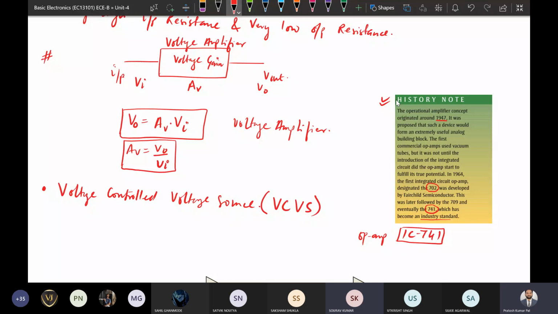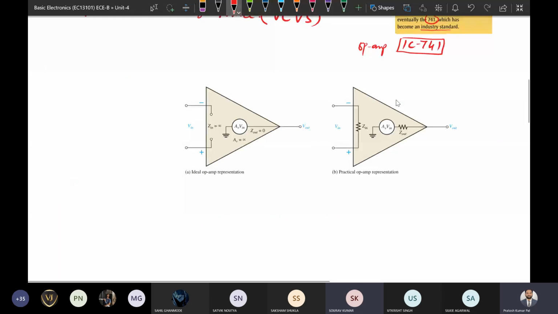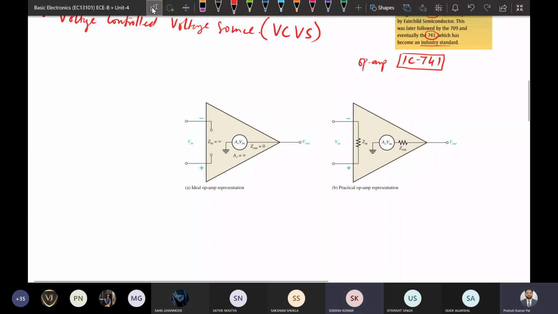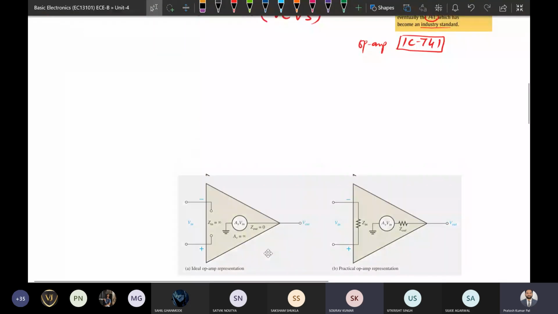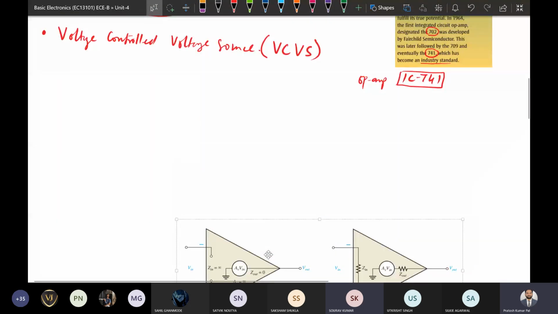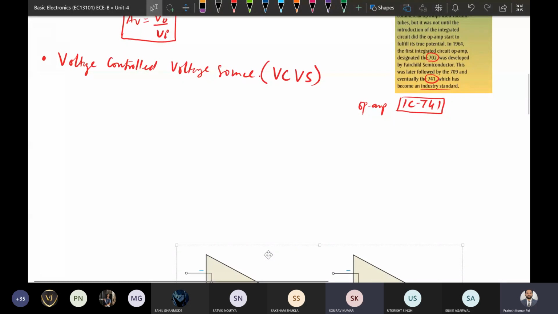Next we will see what an ideal operational amplifier is and what a practical operational amplifier is, and before that we will see one more concept. Here it is a voltage device, or a voltage amplifier.